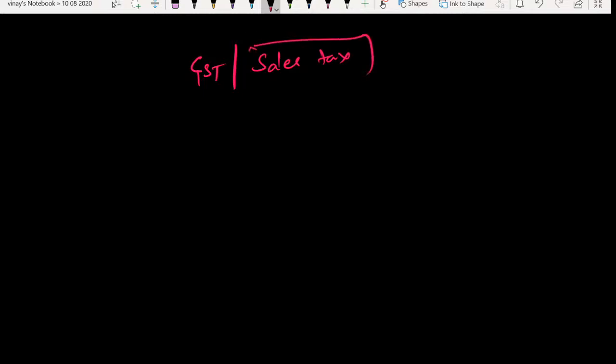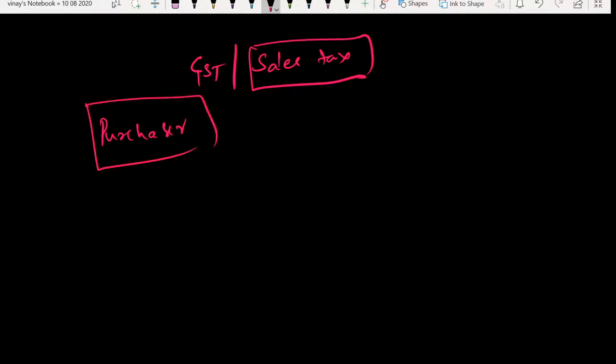When you do GST, generally GST is nothing but just a sales tax. I'm a purchaser, not a seller. What generally happens if I am a purchaser? The seller will have a price plus GST.